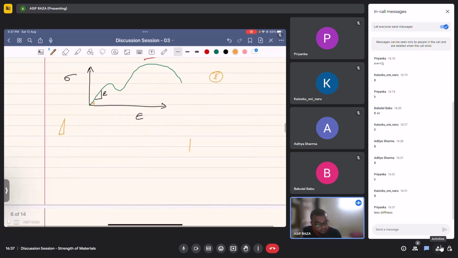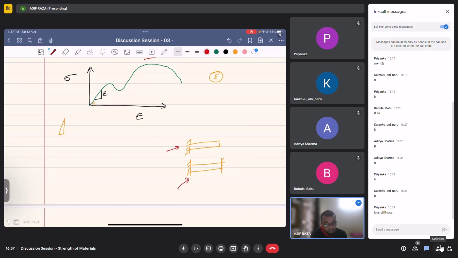Suppose this is one system, and this is another system. Both cases are a bar. Here only one side of the bar is fixed, while here both sides of the bar are fixed.